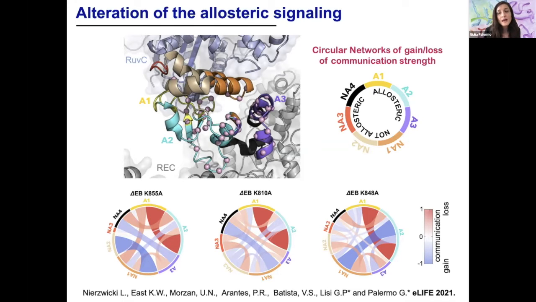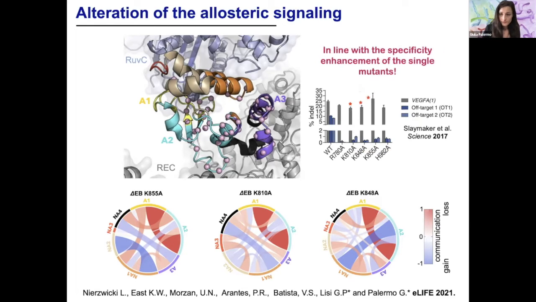So with the circular networks of communication gain and loss, we could identify if the communication between allosteric communities gets broken in the presence of the mutation, which is what actually occurs with an enhanced effect in one of the three mutations with respect to the other, which is this K855A, which was actually in qualitative agreement with what the experimental paper reported.